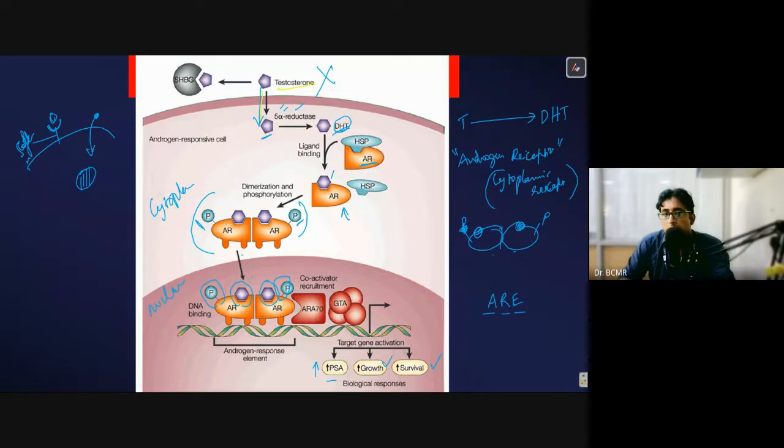In that case, the androgen receptor will be bound by a protein, heat shock protein, and then it is not active, and so there will not be any activation of these genes. So the growth will not happen, survival will be compromised, and the cell might undergo death. That is why the luminal cells especially are dependent on these androgens for survival and growth.